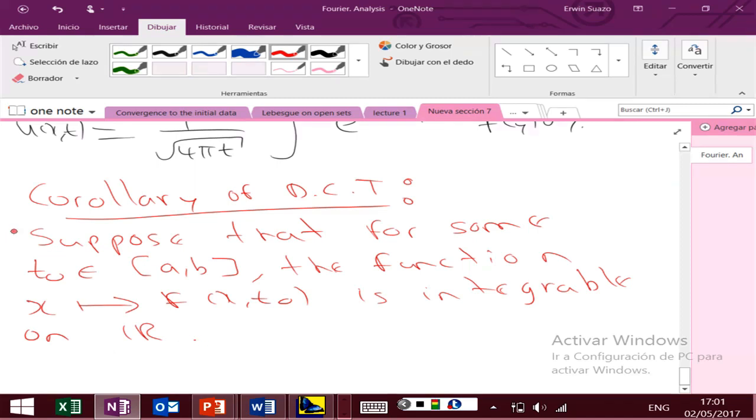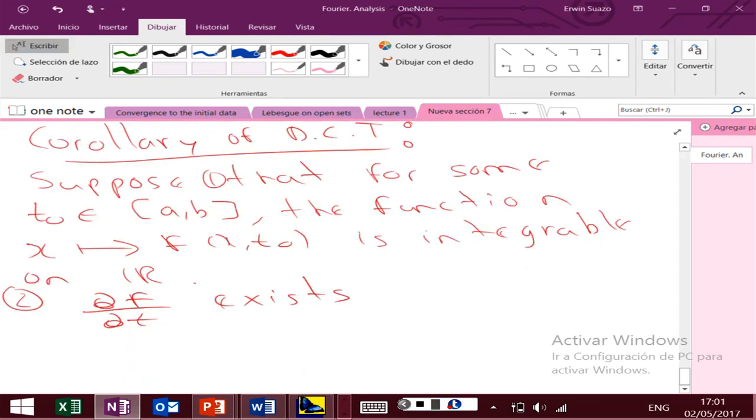That's the first assumption. Second assumption, suppose also that the derivative of f with respect to time exists on the real line and across an interval. We're just going to justify that when you have an (x, t) function. You'll understand better in a second.